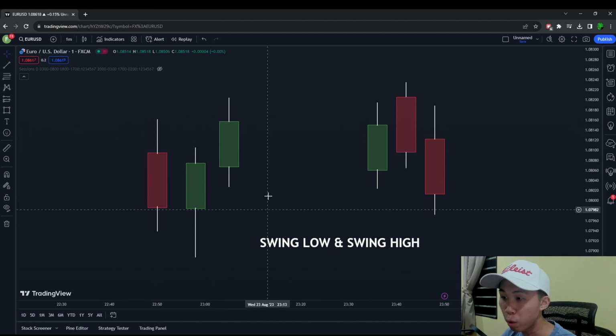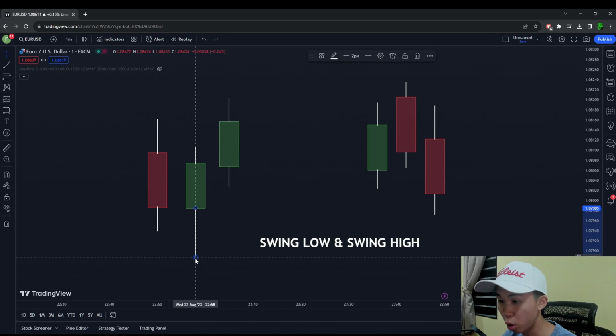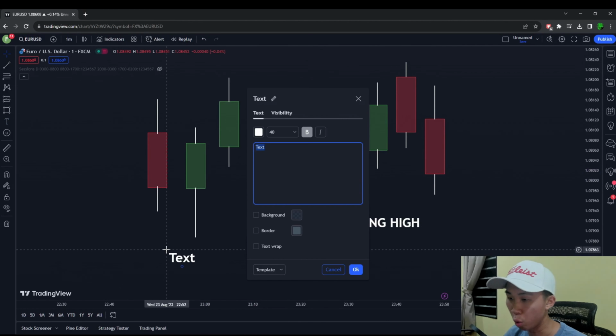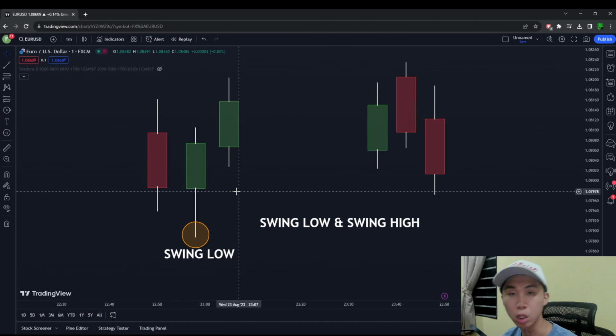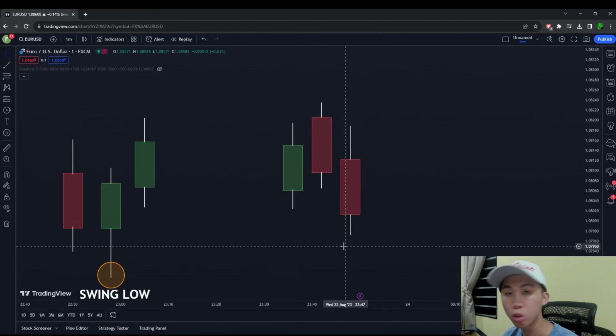In this case, we have 3 candlesticks, and you notice we have a high here, a low here, and a high. This point here is called the swing low. So when we have 3 candlesticks, we can find either a swing high or a swing low.